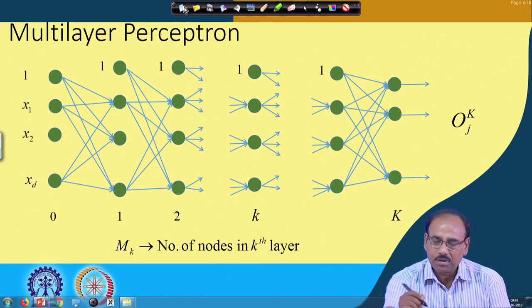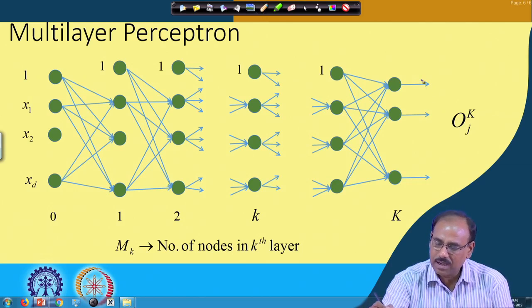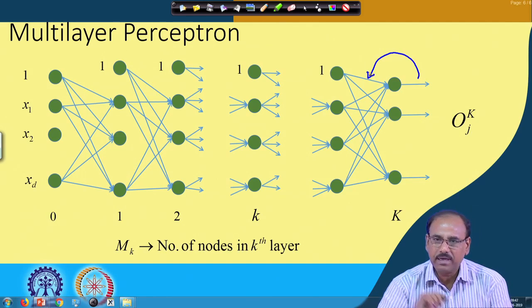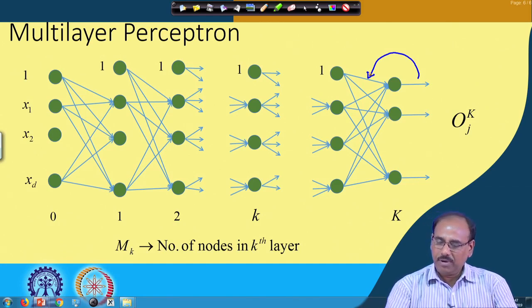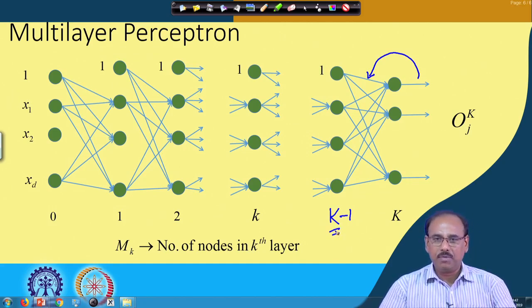I can compute the error at the output layer, and once I compute it, I can back propagate that error through the gradient descent approach to the connection weights between the k minus first layer and the layer capital K, that means the layer just before the output layer. So, I can back propagate the error for updating the weight vectors from the k minus first layer to the kth layer.